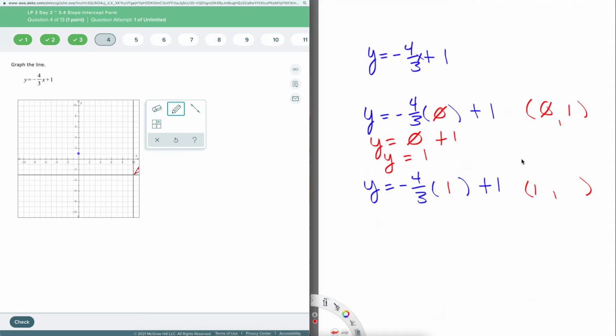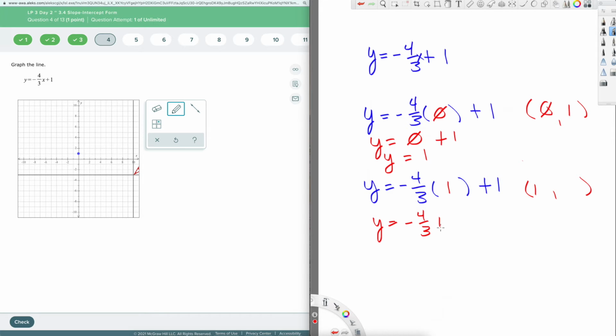All right, so now I have y equals -4/3 times 1. Well, that would be -4/3 plus 1. So now I'm dealing with a fraction issue here. I'm going to have to add or subtract these fractions. Remember 1, I can change this into a like fraction. If there are 3 pieces for every whole number, that means there are 3 pieces here.